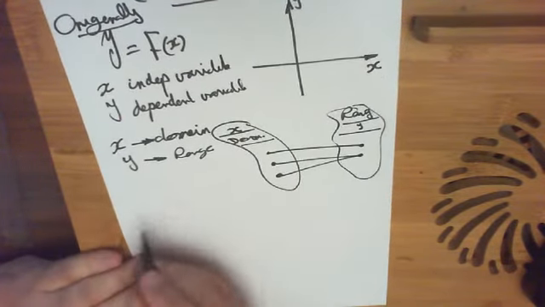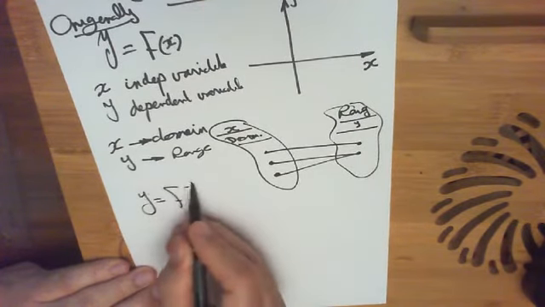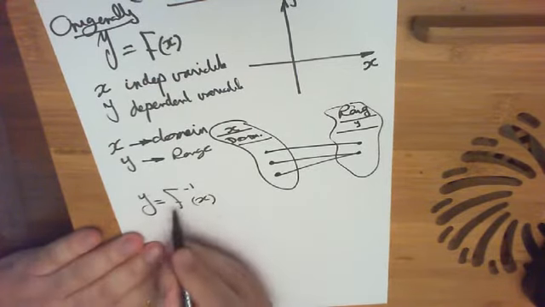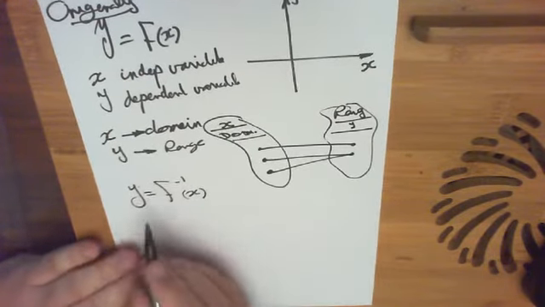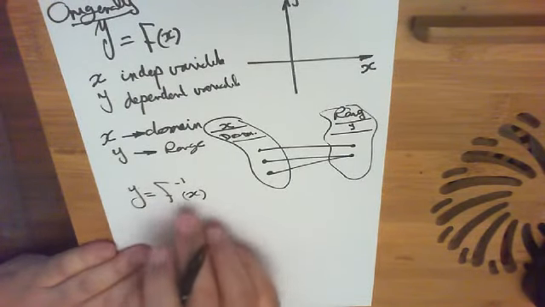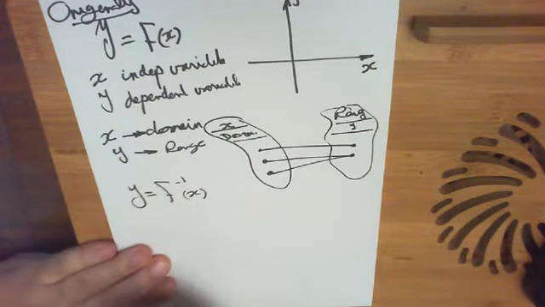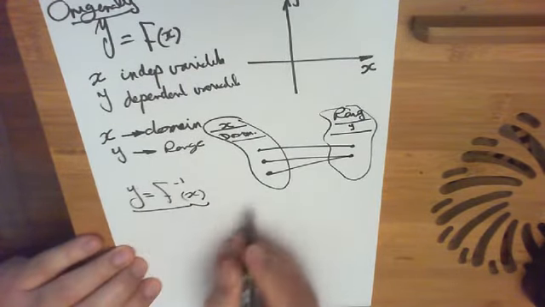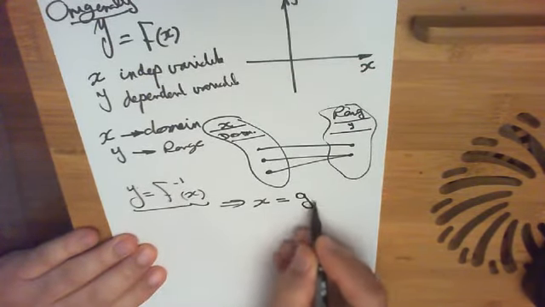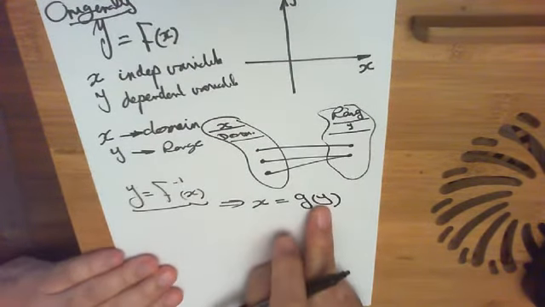This is called the inverse function in the form y equals f minus 1 of x. Not f to the power minus 1, no. This is a notation and it is pronounced y equals f minus 1 of x. This means the inverse function of the original function. In this case, x actually is expressed as a new function in y. This is the original one, this is the inverse one.